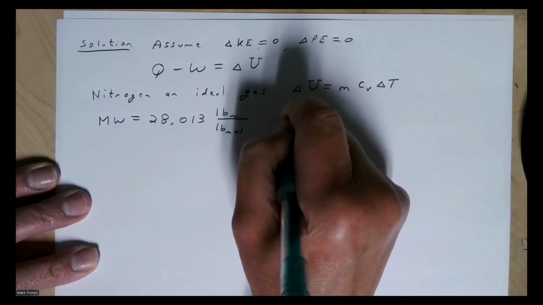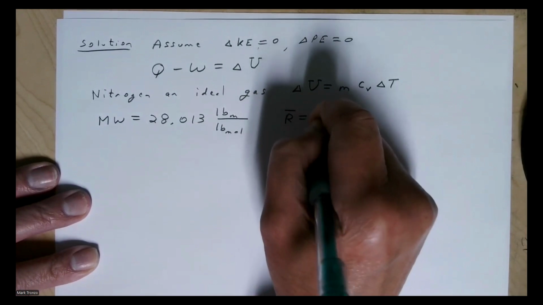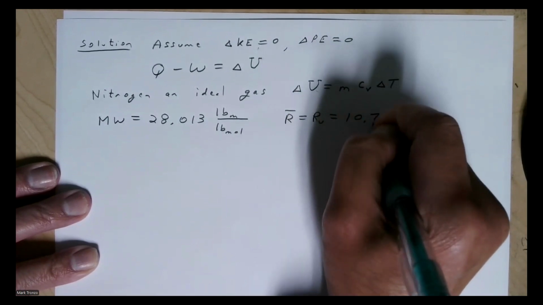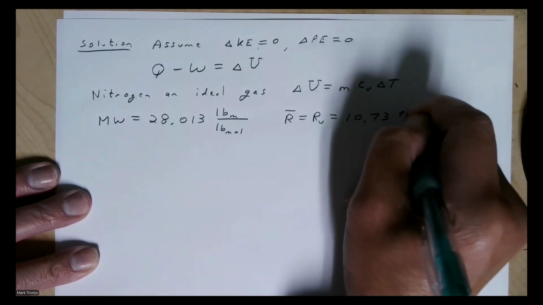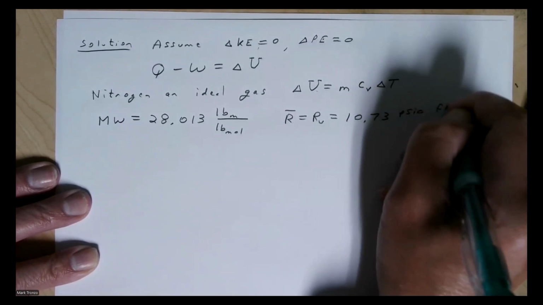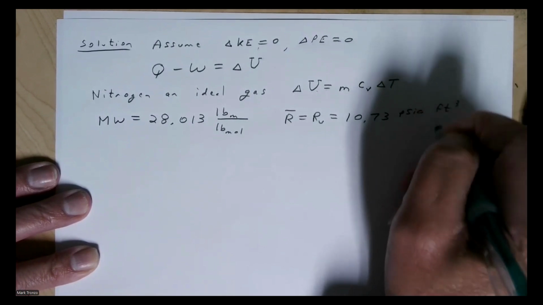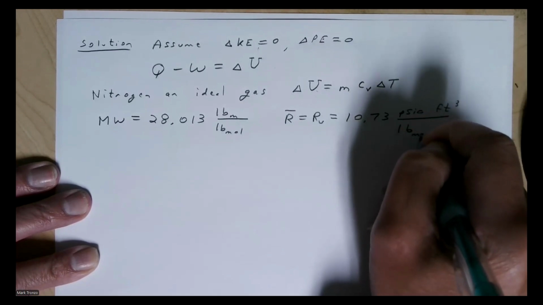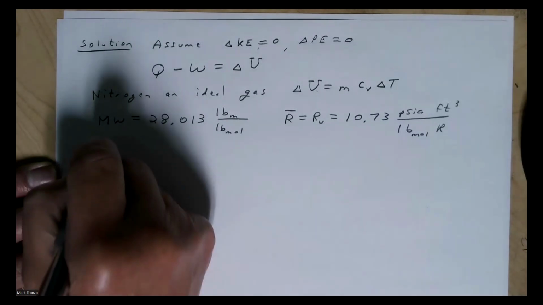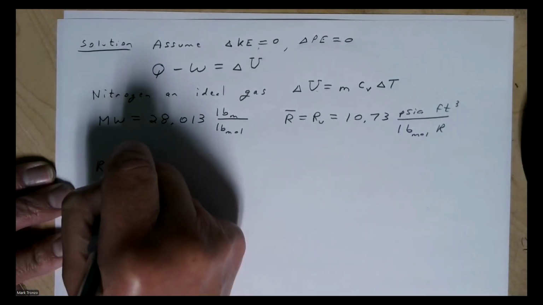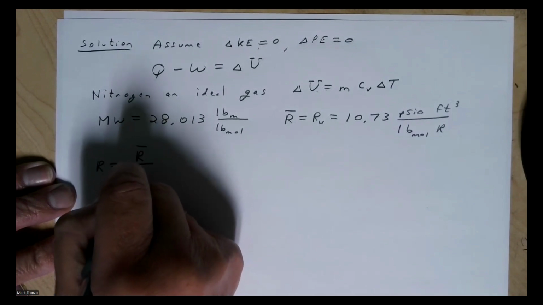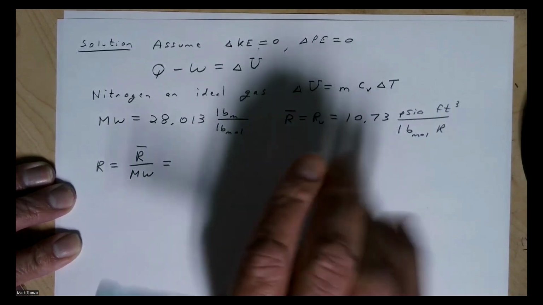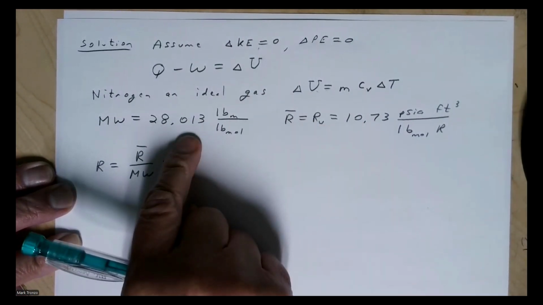And then our R hat, which is the universal gas constant, is 10.73 psia cubic feet per pound mole R. So that means our R, which is our R hat over the molecular weight, is going to be this divided by this.